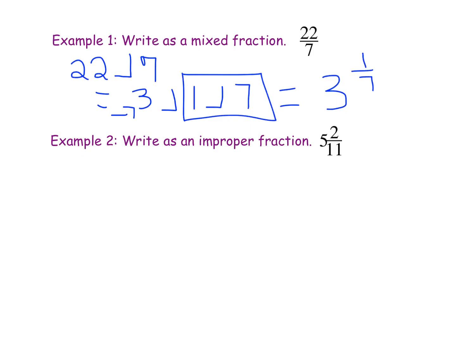And so when we write this in mixed form, the whole number part is 3 and the fraction part is 1 over 7. Now, if I want to put a mixed fraction into my calculator, I'm going to do it the other way around. I'm going to do 5 and then hit the ABC button and then 2 and again hit the ABC button and then 11.